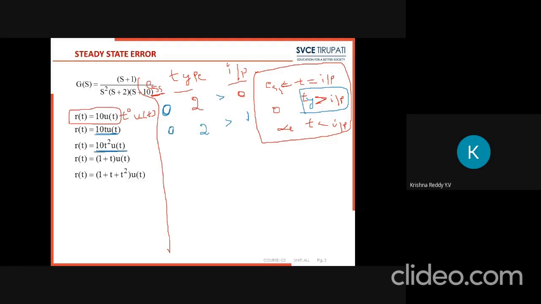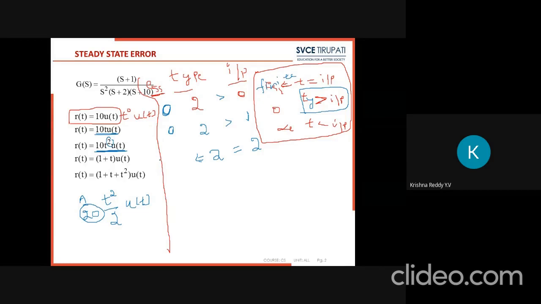Suppose when you are given 10 t square into u of t, the standard form of parabolic signal is t square by 2 into u of t. But we are taking 10 into t square into u of t, so it can be written as 20 into t square by 2 into u of t, where its multiplication factor is 20. Here the order of the input is 2 and the type of the system is also 2. When the type is equal to the input, we are having a certain finite amount of steady state error.